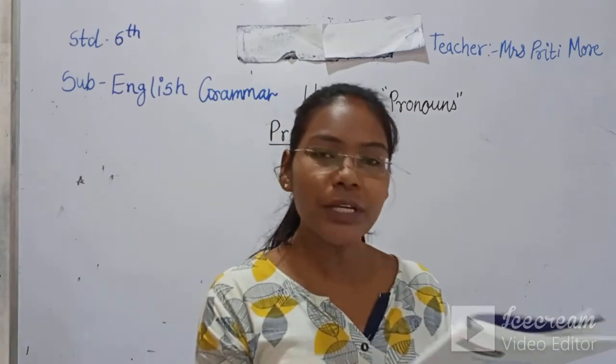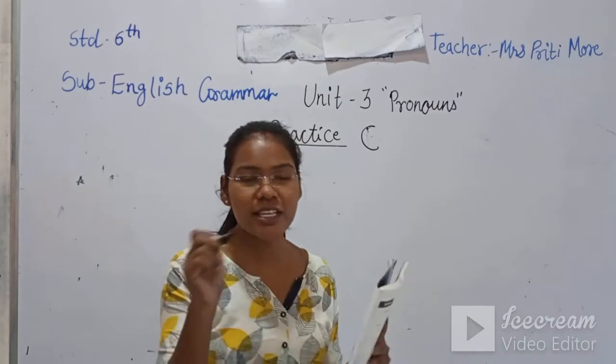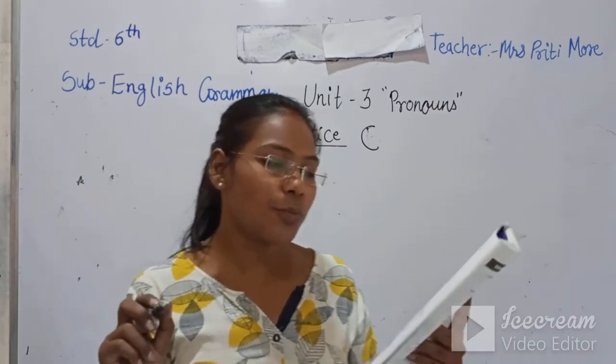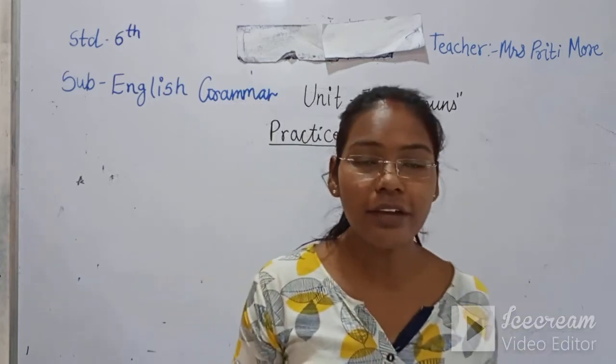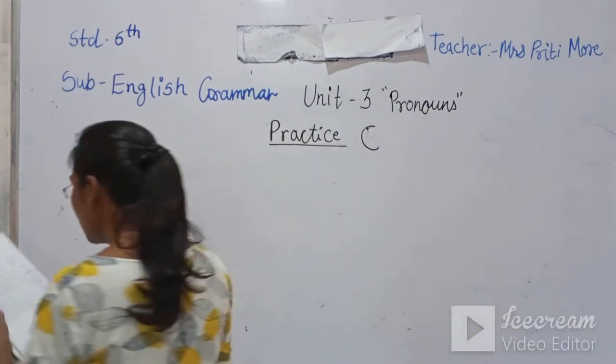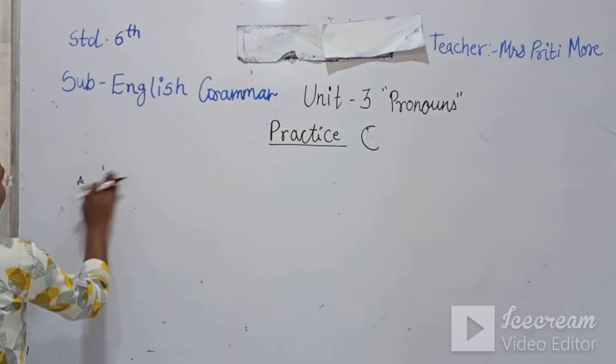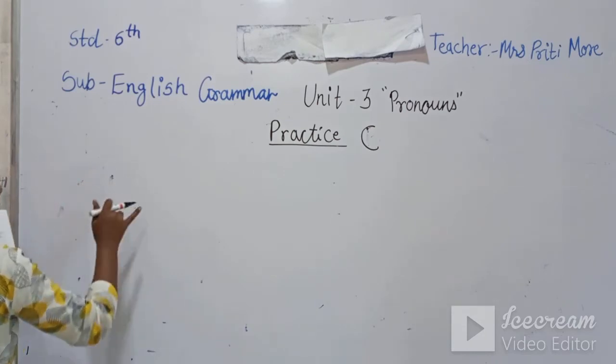Some pronouns have been underlined. That means in the sentences nouns or pronouns are underlined. Can you guess what kind of pronoun they are? We have to just guess and note down which kind of pronoun it is.